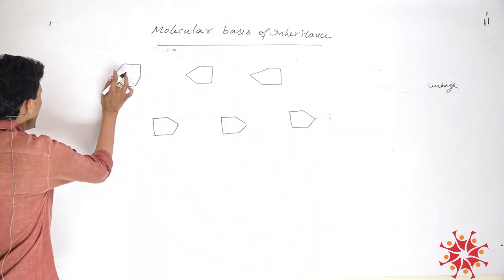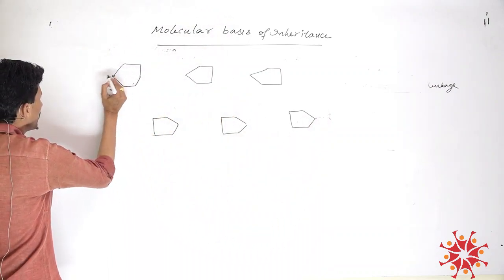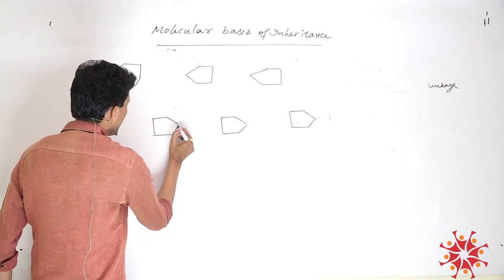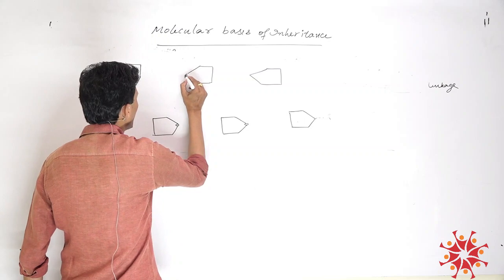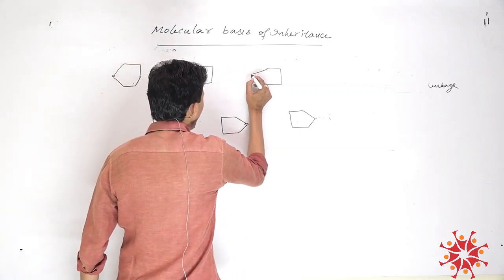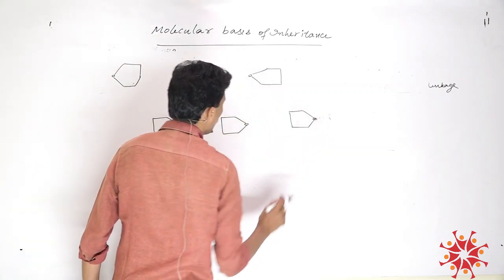See, actually this is the deoxyribose sugar. Here you will have the oxygen atom like this, and how it is formed, see.